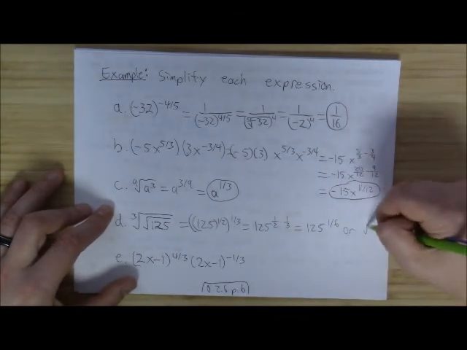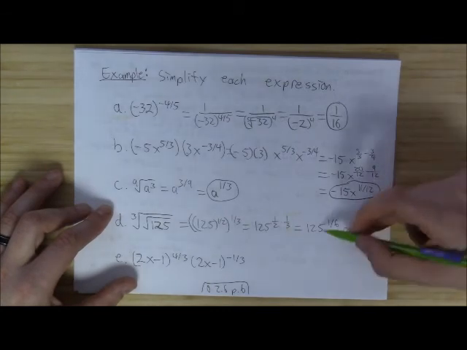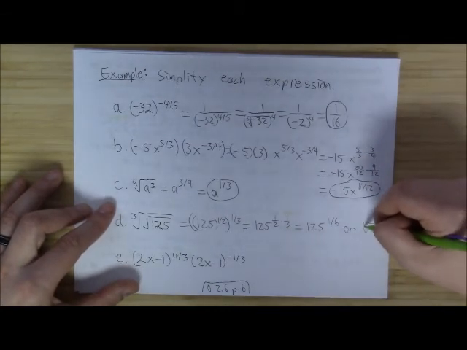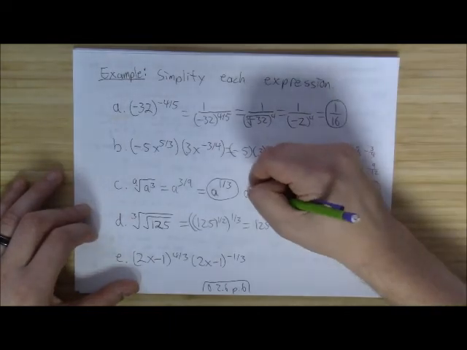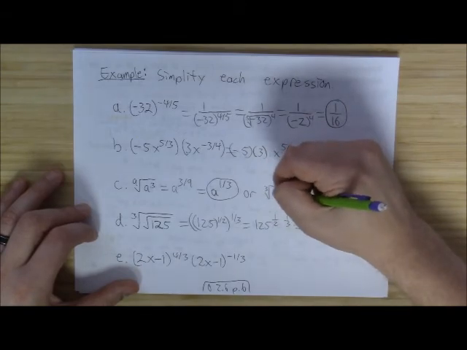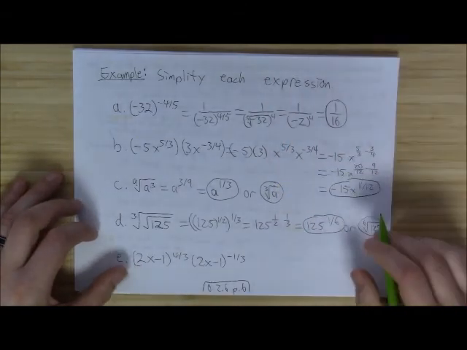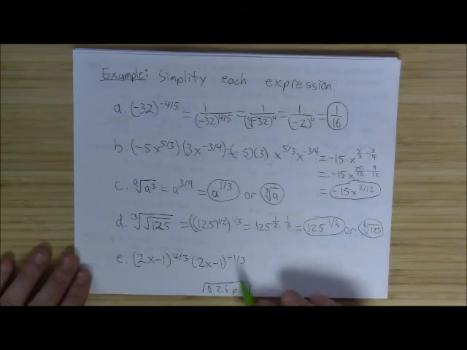Or if you prefer, this is the 6th root of 125. So it sort of depends which one you want. Here, I guess we could also say this is the cube root of a. Okay. And finally, we have this one.